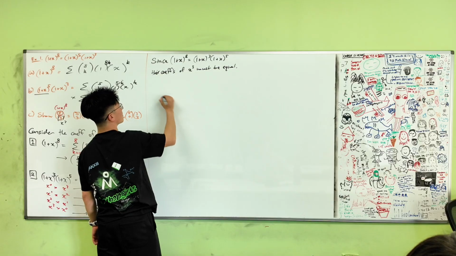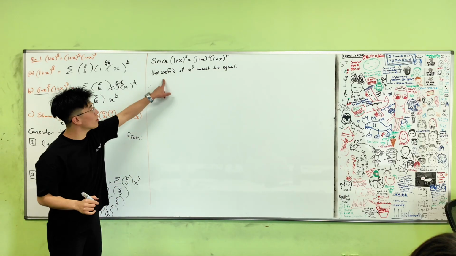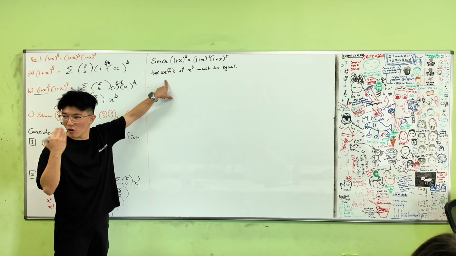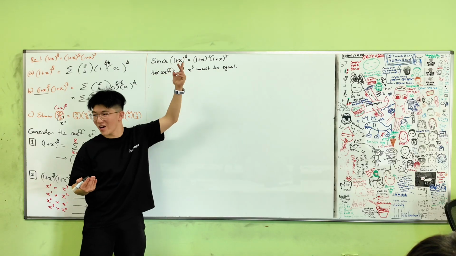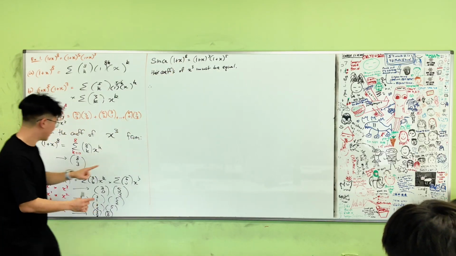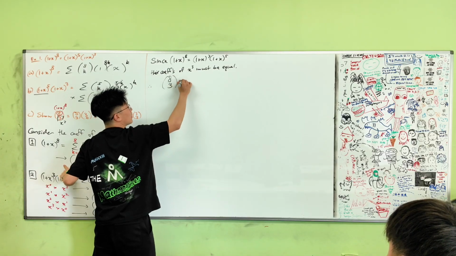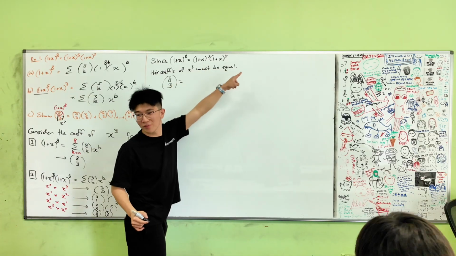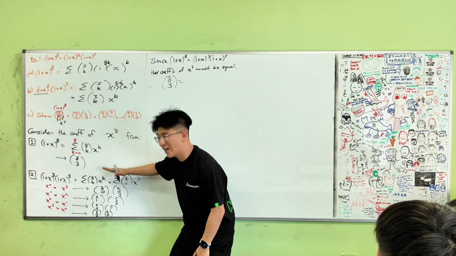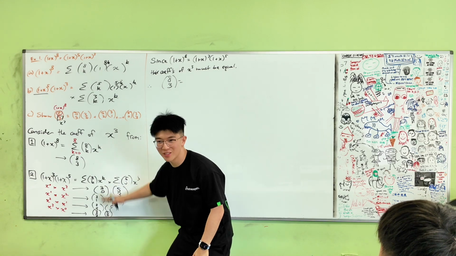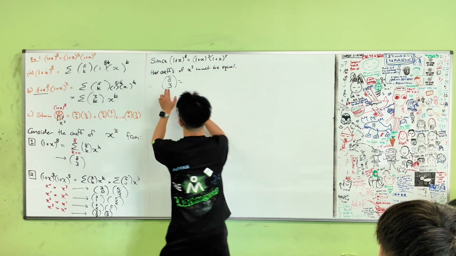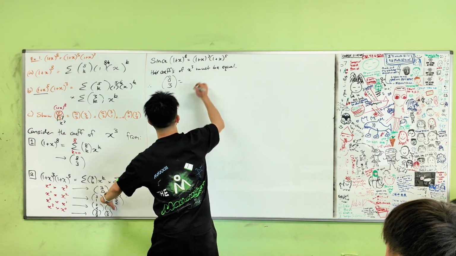Because their coefficients are equal, I'm going to say, all right, (1 + x)^8, I found it to be 8 choose 3. That coefficient must equal the coefficient of x cubed that I got from there. What was it again? I showed them that it's the sum of all of these. So this must equal these two.